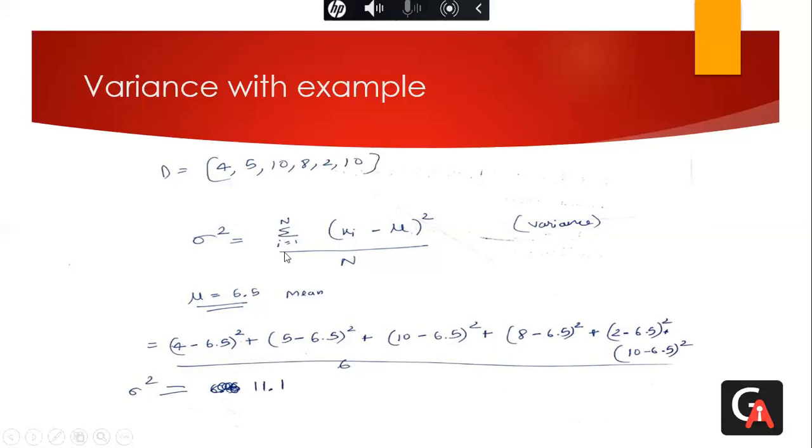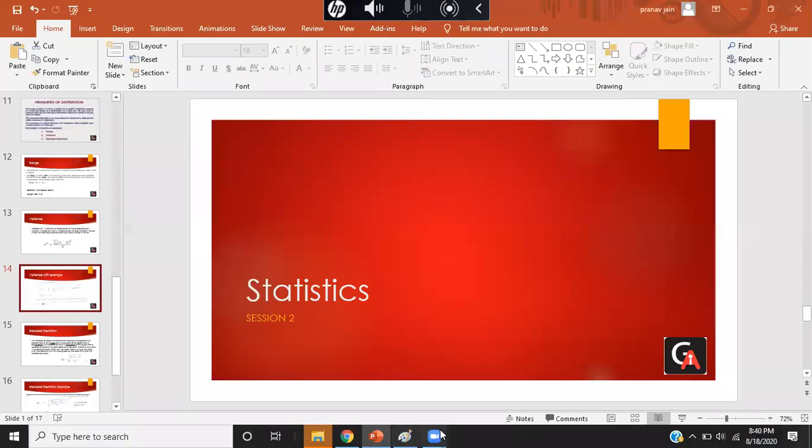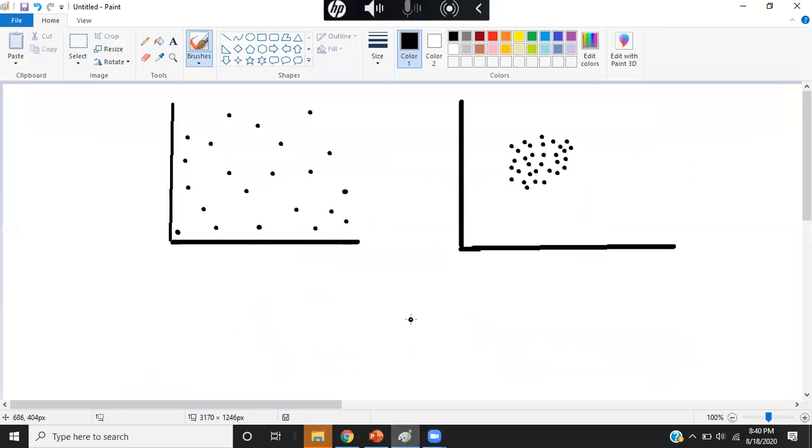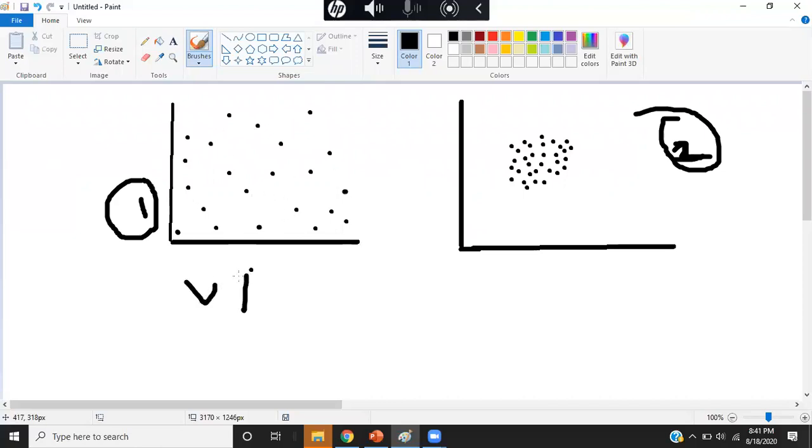Let's take one example, and I will tell you how variance is going to help us. These are the two data sets I have plotted: the first figure, and this is the second figure. In the first figure, variance is going to be higher, because all the data points are far from each other.